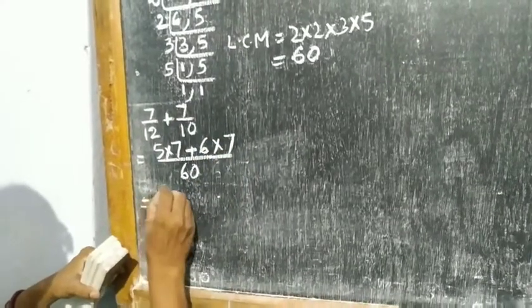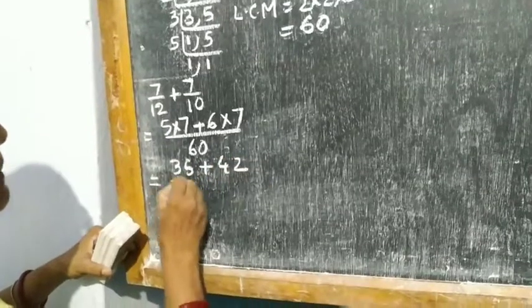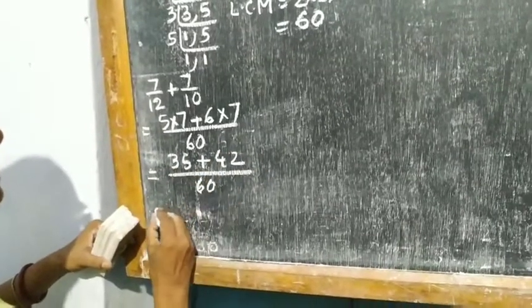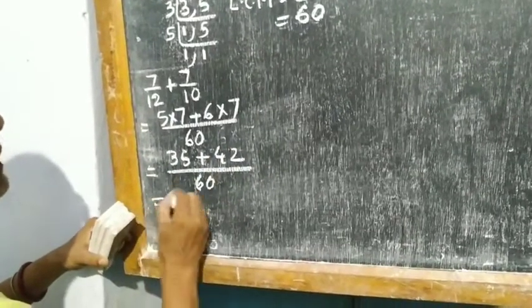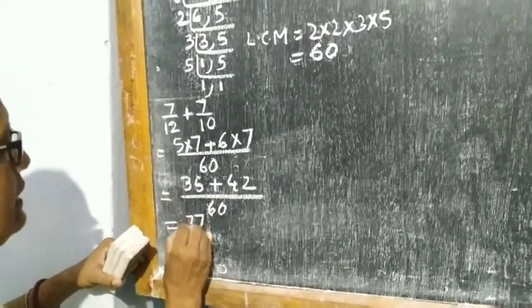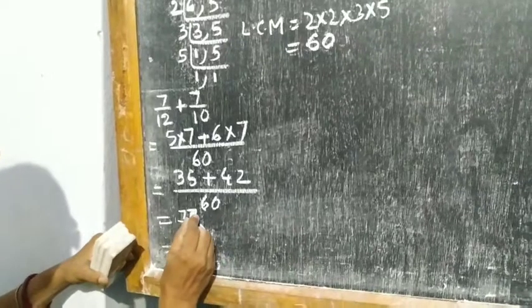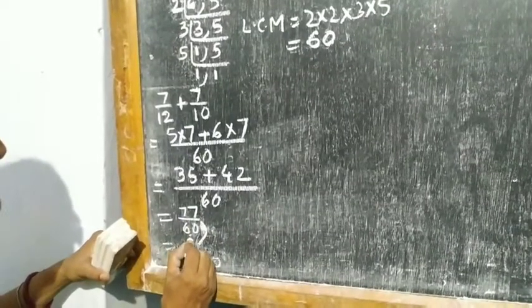So 5 7s are 35 plus 6 7s are 42 by 60. So it is equal to 5 plus 2 is 7, 4 plus 3 is 7. So 77 by 60. Now children, you see the numerator is bigger than the denominator.